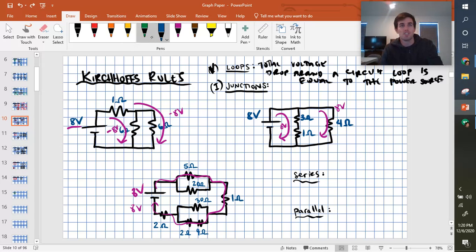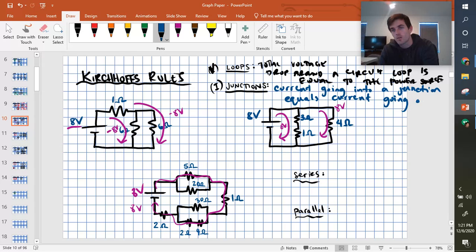And then we have Kirchhoff's junction rule, and I'll do that in a slightly different color so it pops out a little bit more. The junction rule basically says the current going into a junction equals the current coming out.